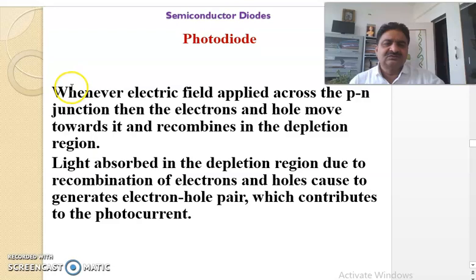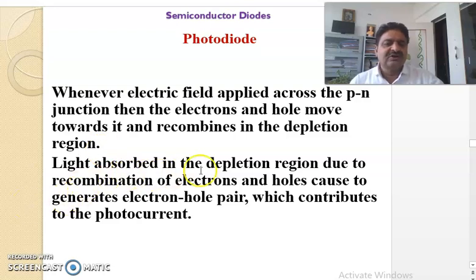Photodiode. Whenever an electric field is applied across the PN junction, the electrons and holes will move towards it and recombine in the depletion region.